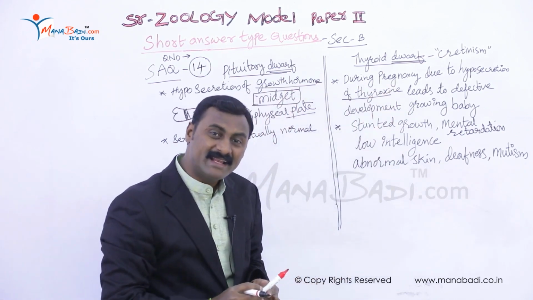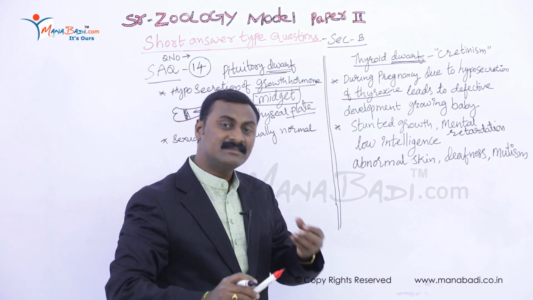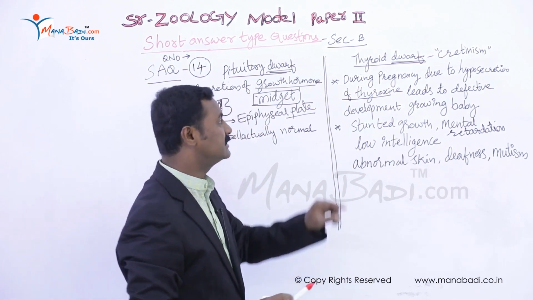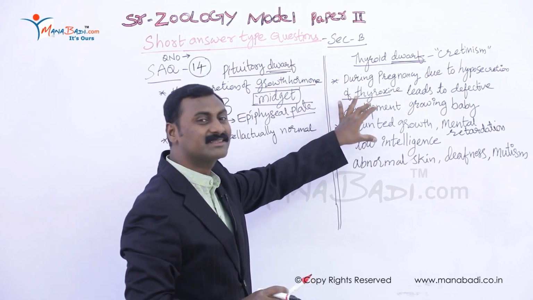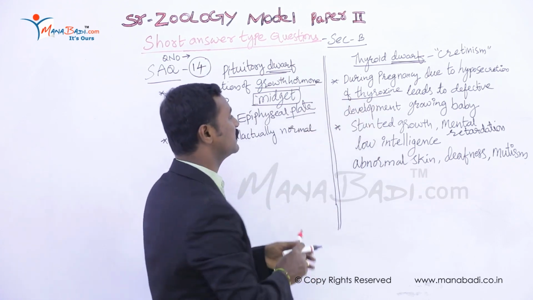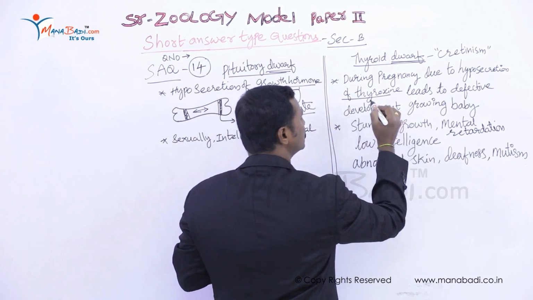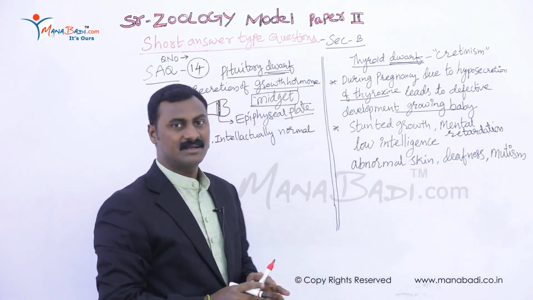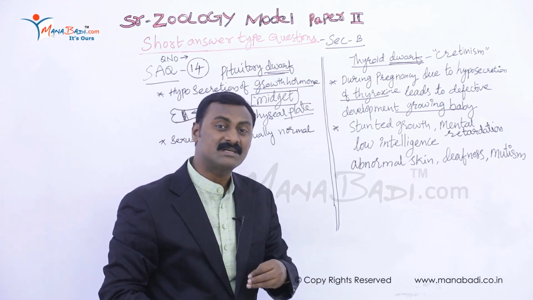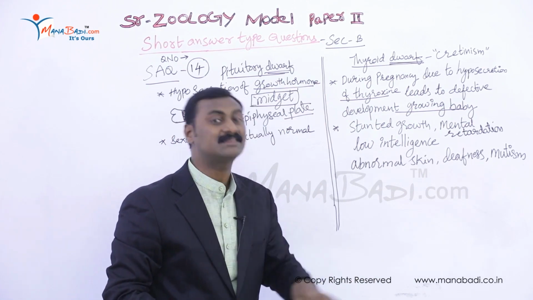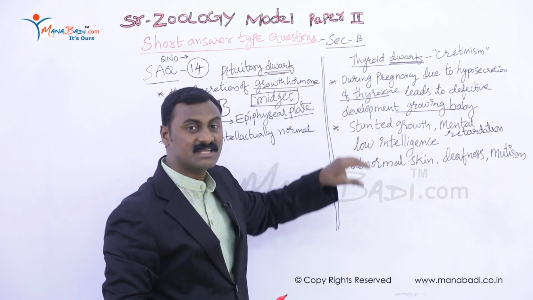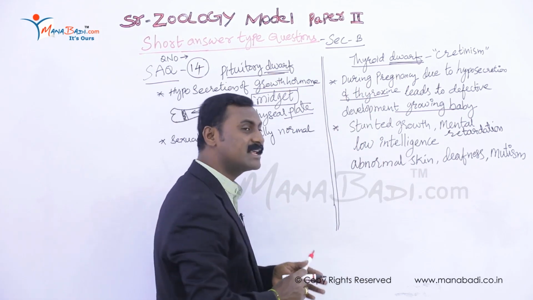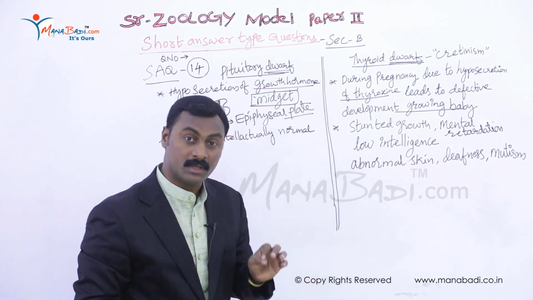Especially during pregnancy, the developing fetus will not get proper thyroxine, so this problem will come. That's why this is called a congenital disorder, meaning the disorder is there from before birth. This congenital disorder is incurable.